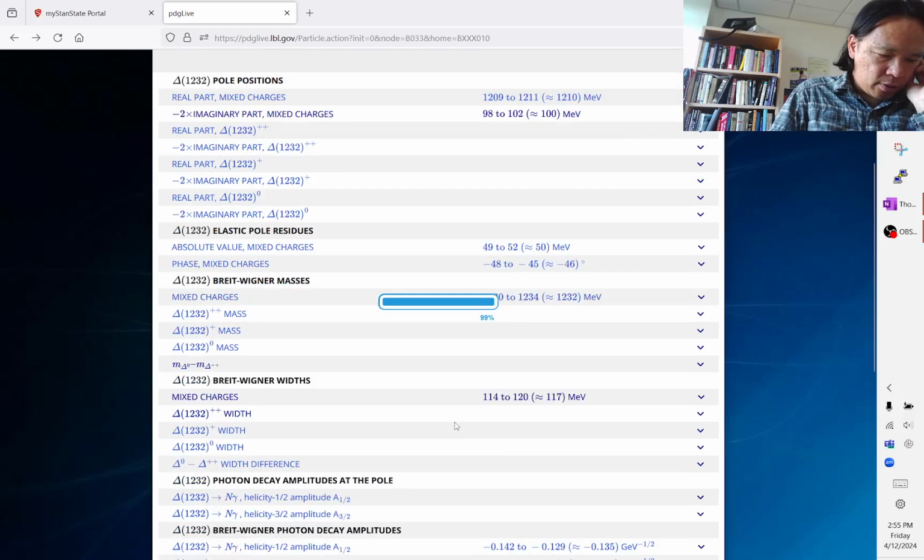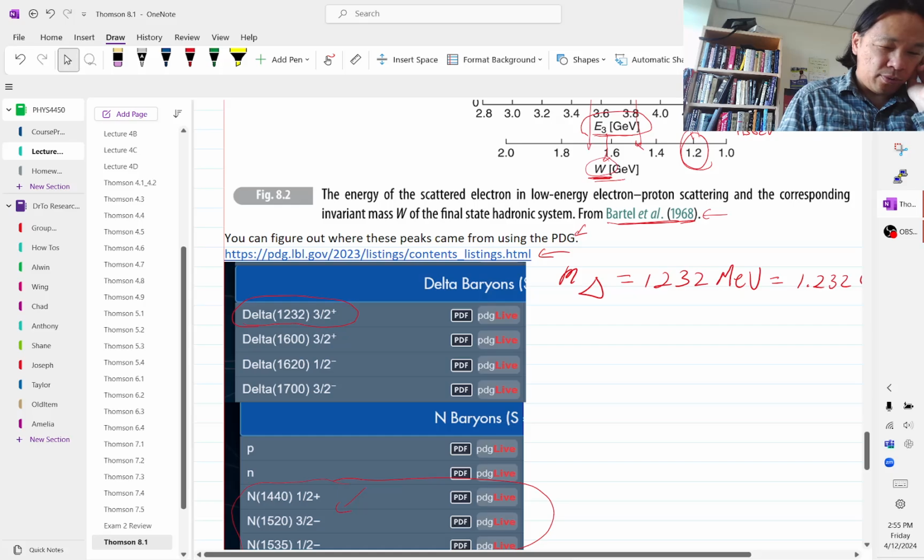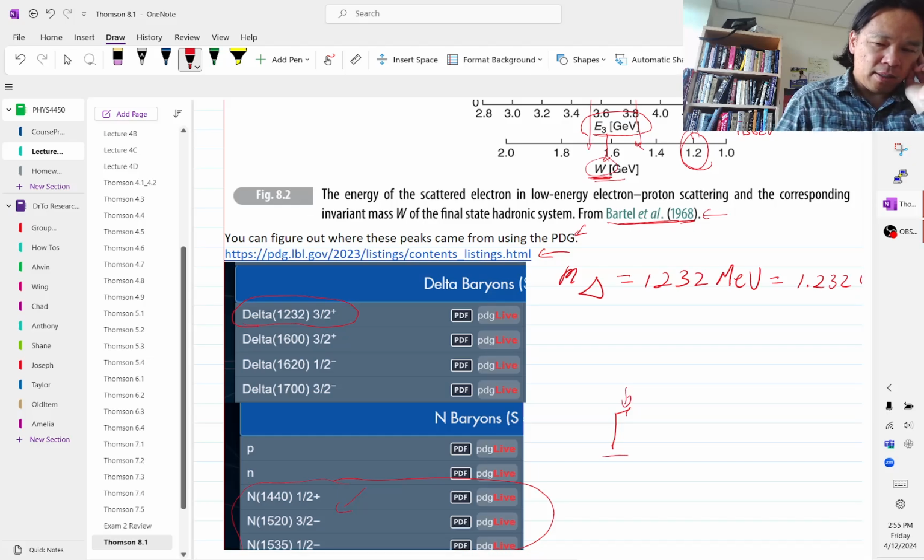The other thing I want to show you guys real quick is what's known as the Breit-Wigner width. The width is actually what we calculated in chapter 2 or 3, I forgot. This capital gamma tells you the transition rate.